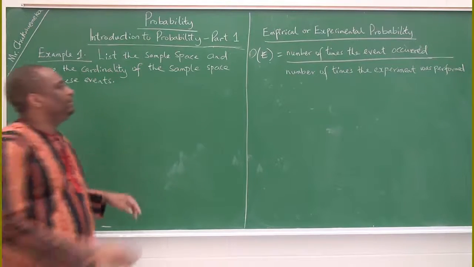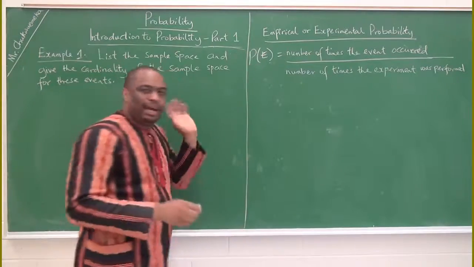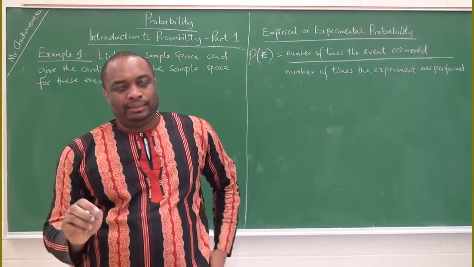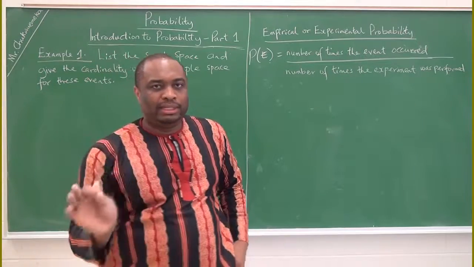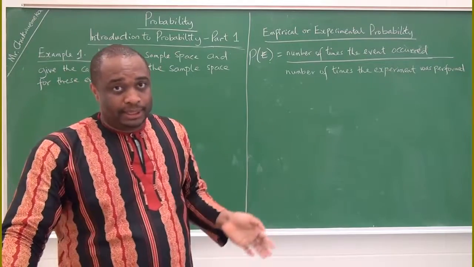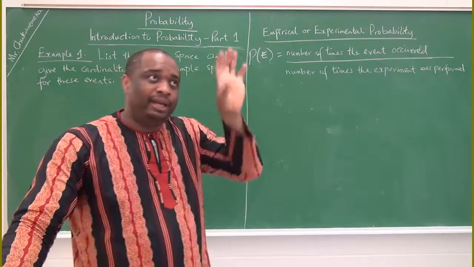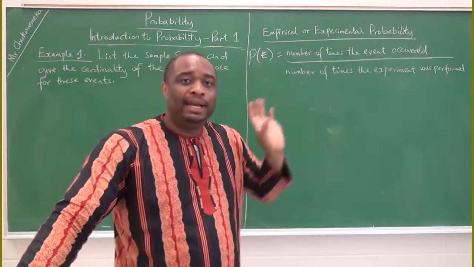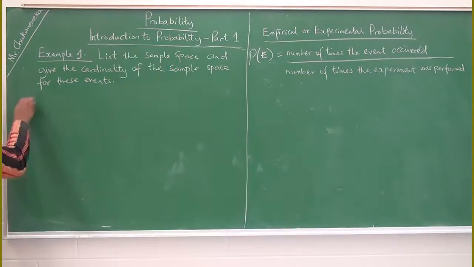Okay, so let's begin from here. Now, why am I doing this? In any probability question that you will be asked, or that you want to solve, you need to know the sample space. You remember the probability of an event is the cardinality of the event space divided by the cardinality of the sample space.